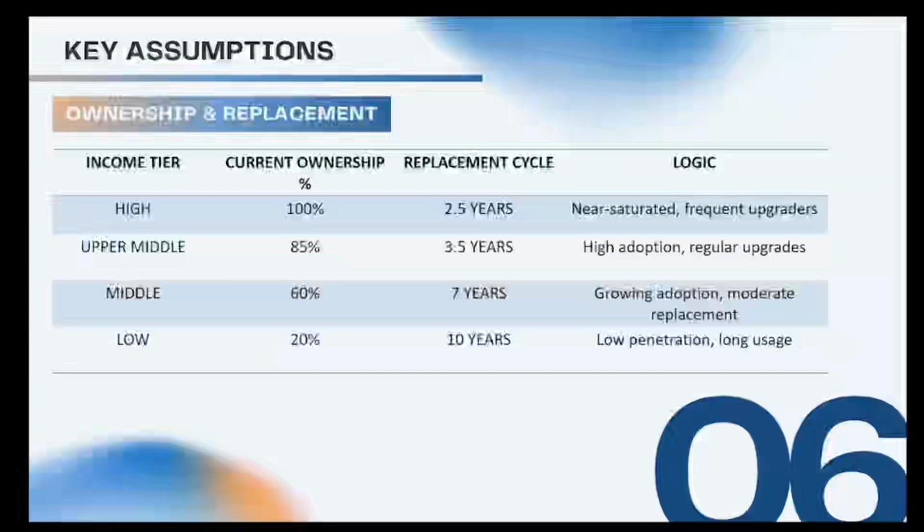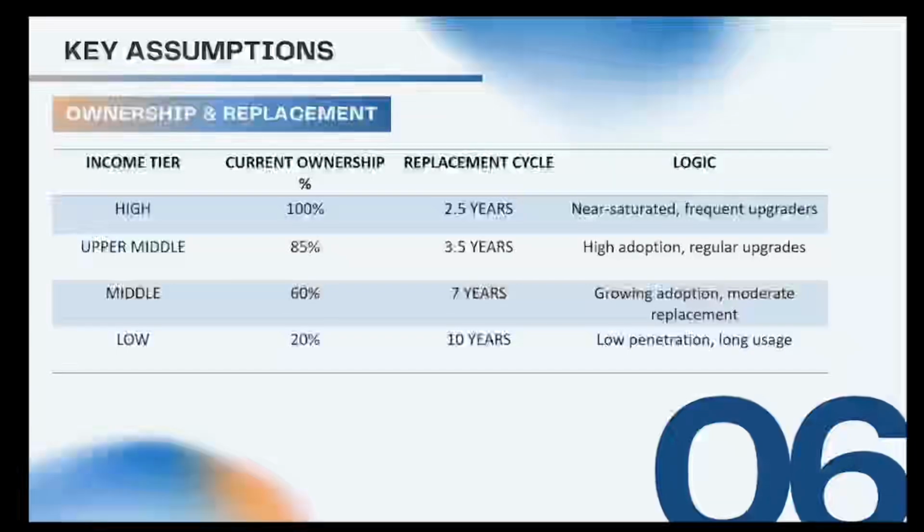These have high adoption rate but are slightly more price conscious. Middle income with 60% ownership replacing every 7 years. This segment is still growing. Not everyone has made the switch yet, but it is happening steadily. Low income with just 20% ownership, keeping phones for around 10 years or more. Affordability is the main barrier here. These assumptions reflect the real purchasing behavior across India's income pyramid.